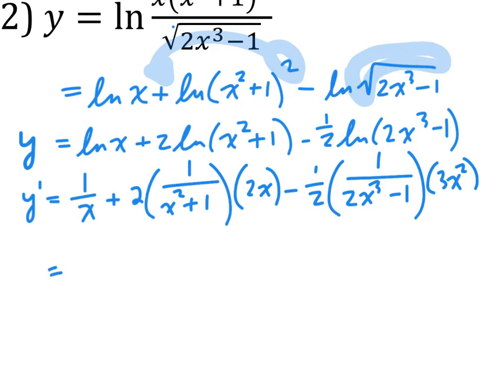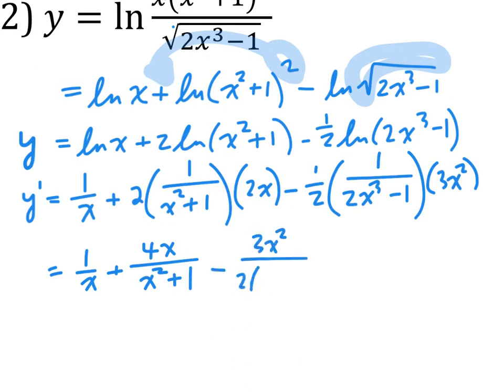Okay. 1 over x plus 4x over x squared plus 1 minus 3x squared over 2 times 2x cubed minus 1. All right, that's as much as I want to simplify any further. It's not going to make the equation any better.